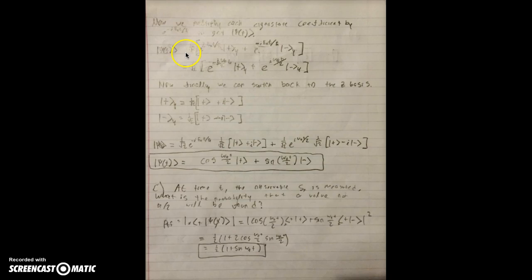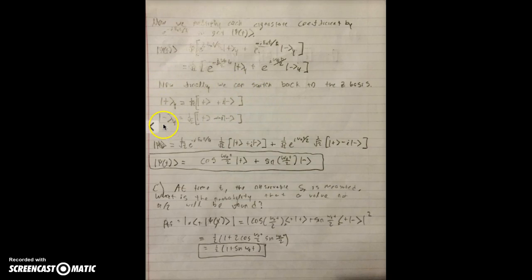So we multiply by e raised to negative i E_n t over h bar, and then we plug in for E_n, our energy eigenstates that we found. So that's plus and minus h bar omega naught over 2. Plug that in. Now we finally can switch back to the z basis.